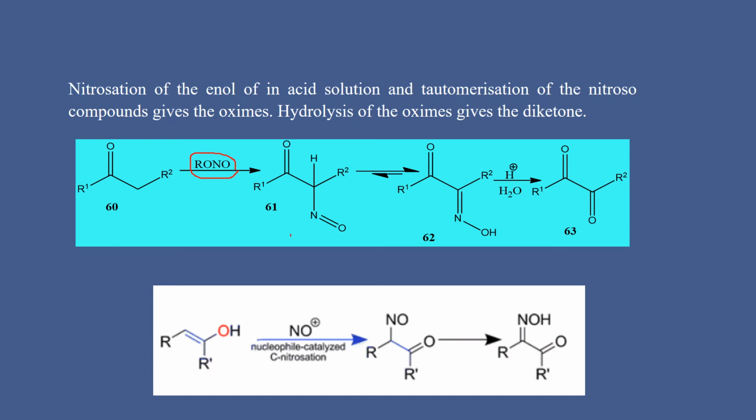The first step is nitrosation, which is tautomerized to give an oxime, and after hydrolysis, this oxime gives us a diketone. So after selenium dioxide, here is another method which converts the alpha carbon of a carbonyl into a 1,2-dicarbonyl compound.